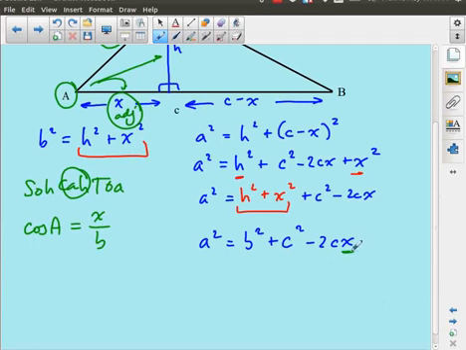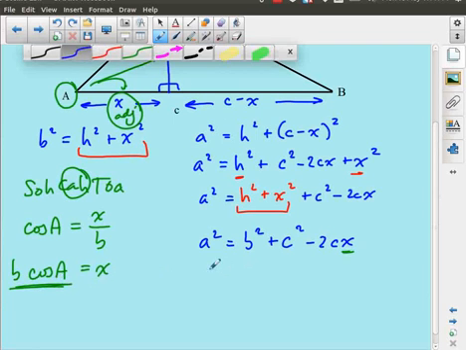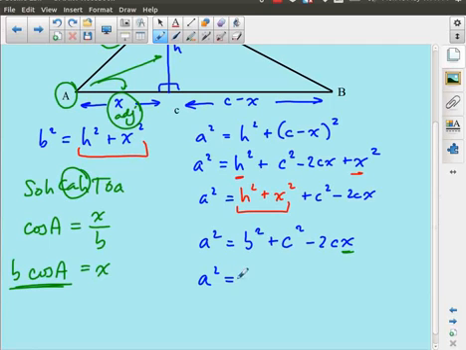And I'm trying to get rid of x, so I'm going to isolate x here. I'm just going to multiply through by b. So I end up with b cosine A is equal to x. And this x gets replaced with this x, which means instead of x, I write a squared equals b squared plus c squared minus 2.